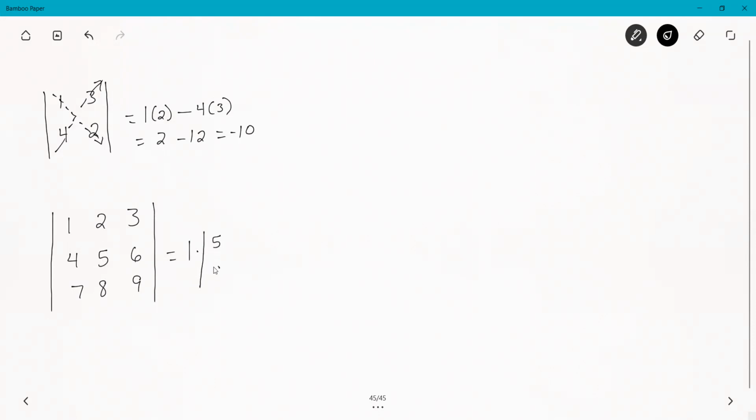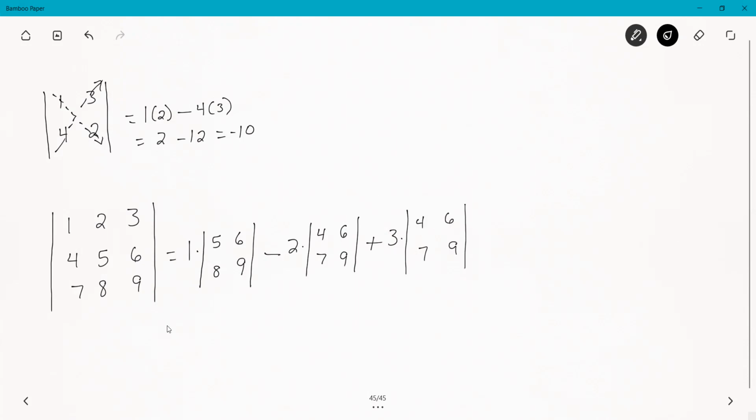So 5, 8, 6, 9. Then the next one, the middle row, we're going to subtract off 2 times our 4, 7, 6, 9. Then we're going to add. So the first column and the third column are added. The second column is subtracted. So this is 3 times 4, 7, and then 6, 9.